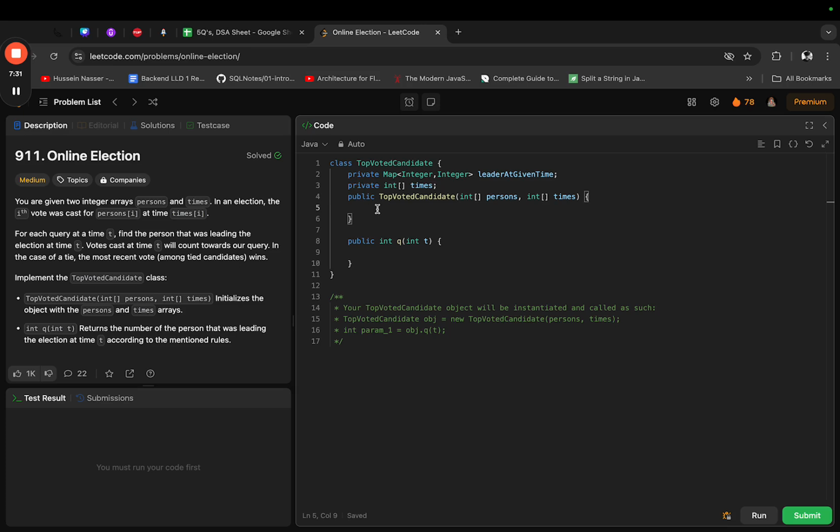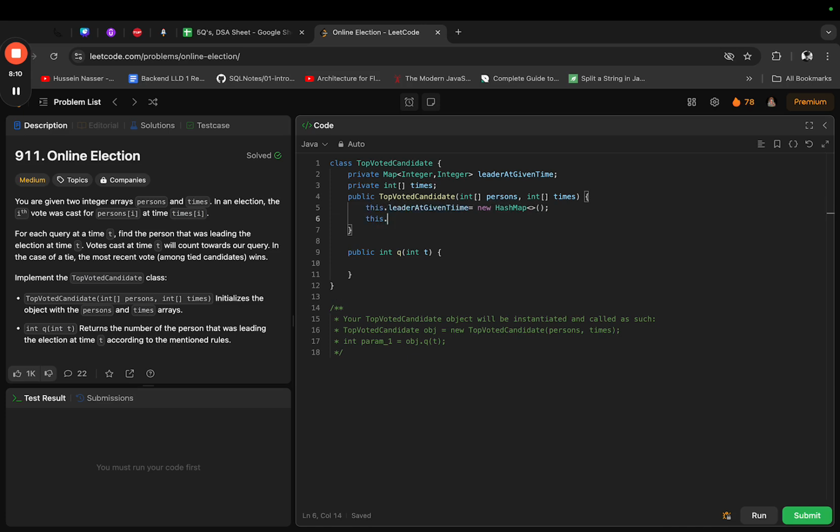So let's do that. First let me declare leaders at a given time as a new HashMap, and this.times equal to times.